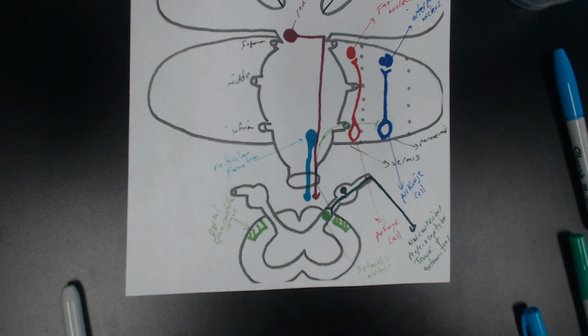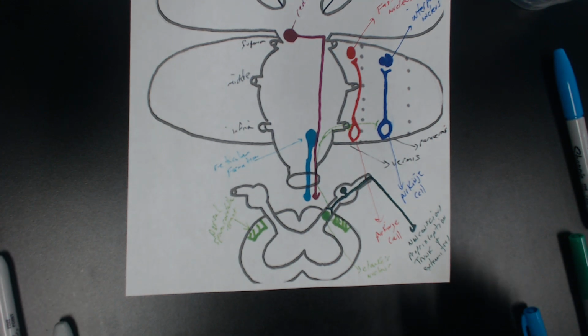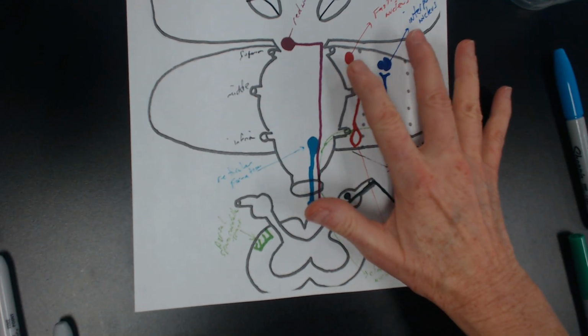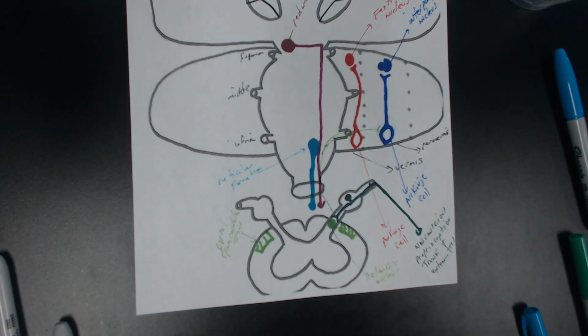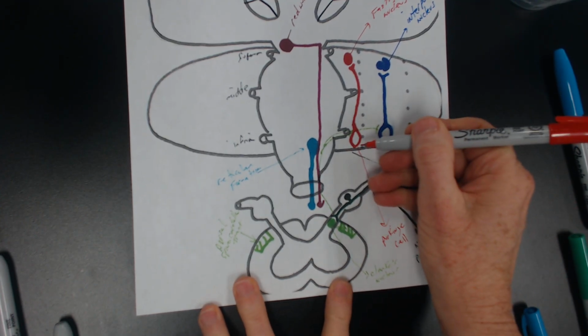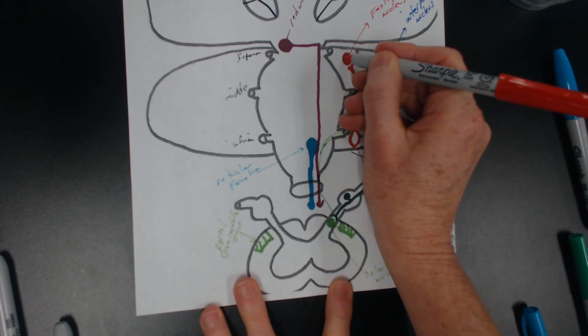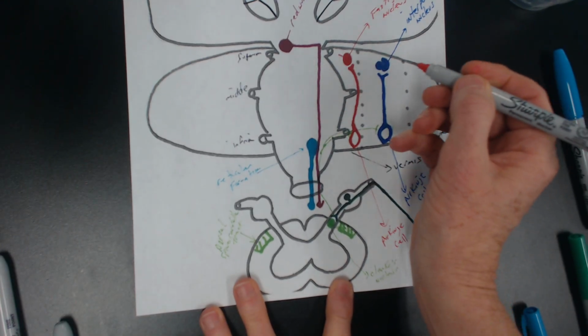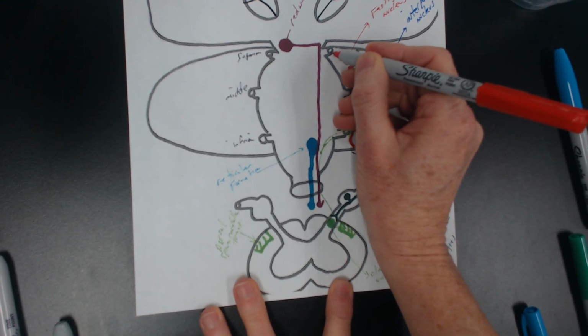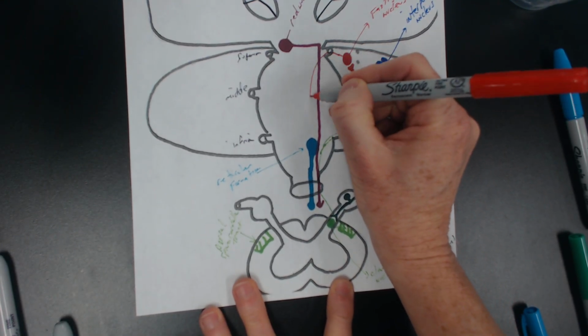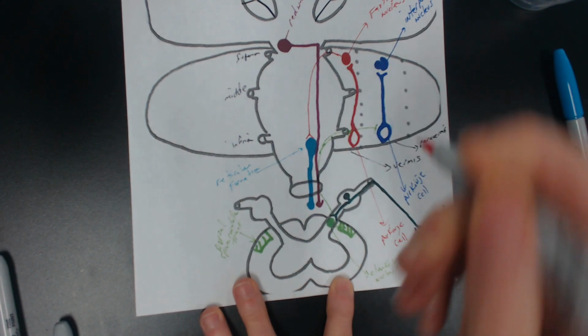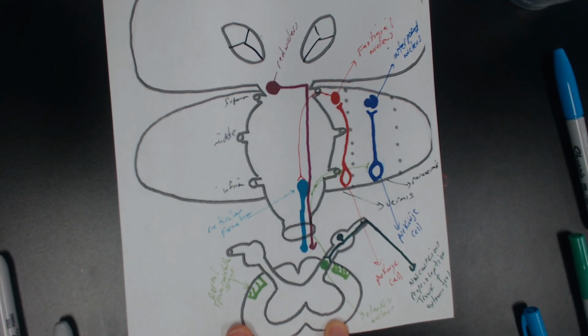Okay, so the easiest one we have here, let's start out with the vestigial nucleus. The vestigial nucleus is receiving information from the vermal region about non-conscious proprioception coming from the trunk. The vestigial nucleus then sends out axons through the superior cerebellar peduncle and synapses with the reticular formation.